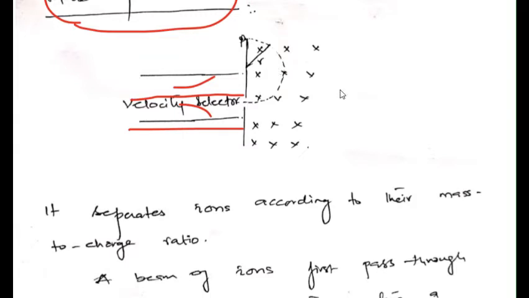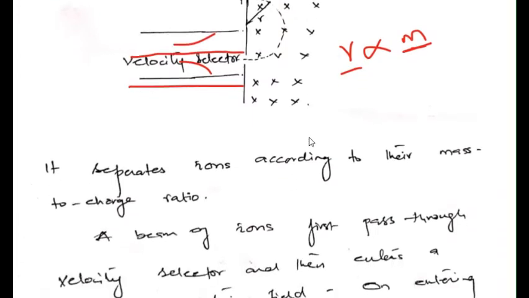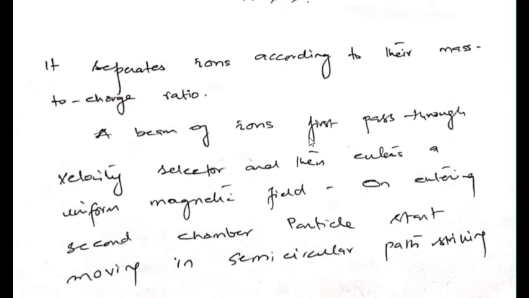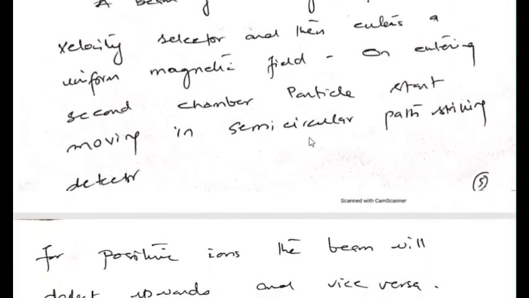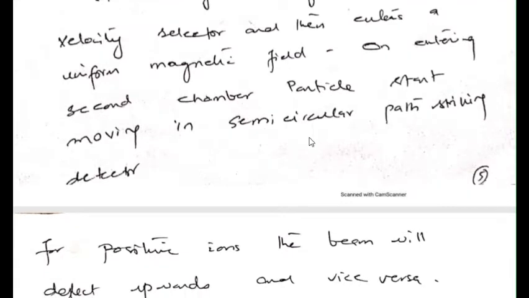We have already studied that the radius of a charged particle moving in a circle is directly proportional to the mass. So if we have a heavier mass, it will have a greater radius, and if we have a smaller mass, we will have a smaller radius. This is the explanation of the mass spectrometer.